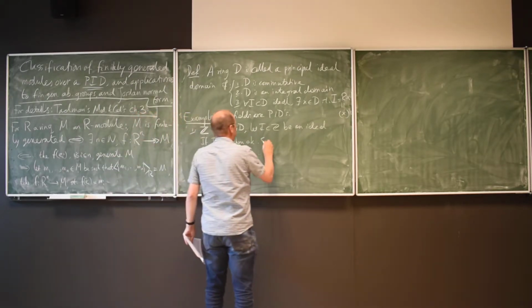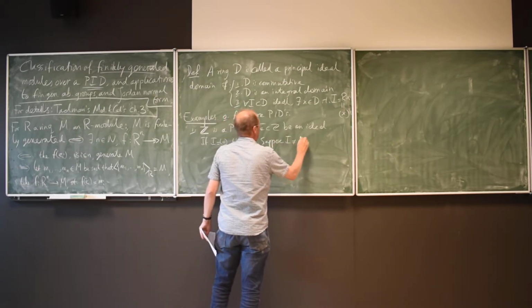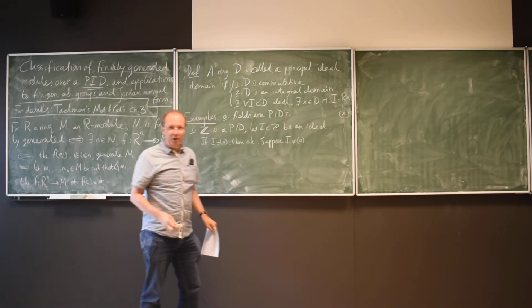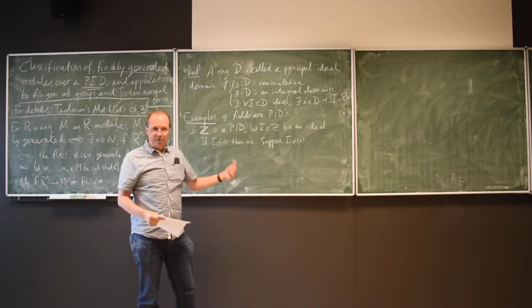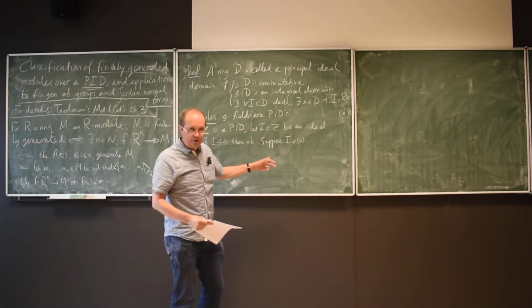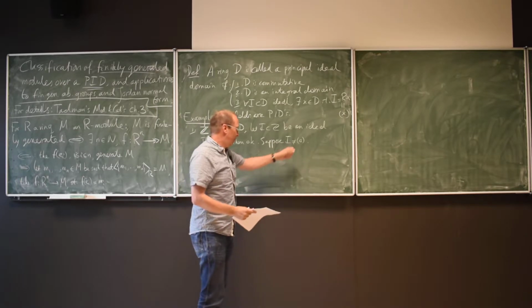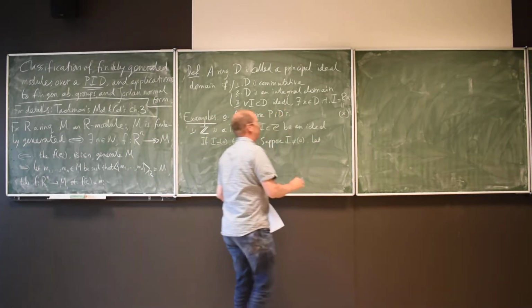So suppose I is not 0, then I has non-zero elements, and it cannot have only negative non-zero elements because it is an ideal, it is closed under inversion for the addition. So then there are positive elements, and then you can take the smallest positive element, right?